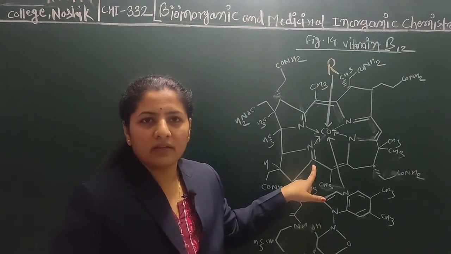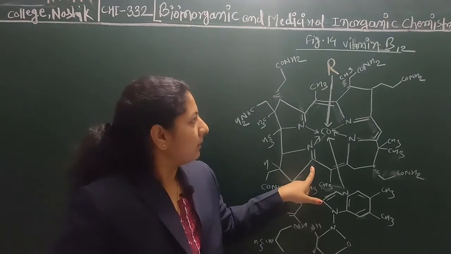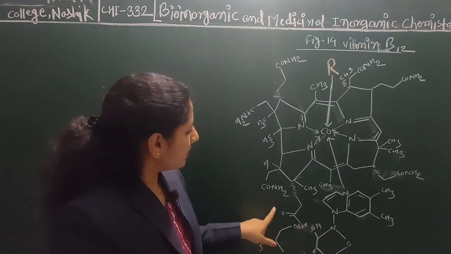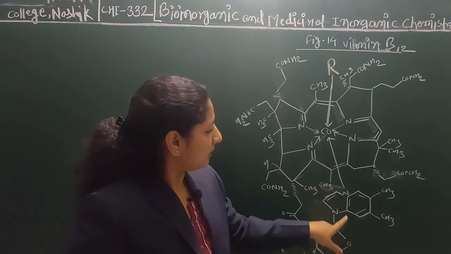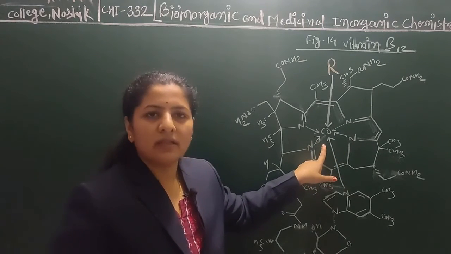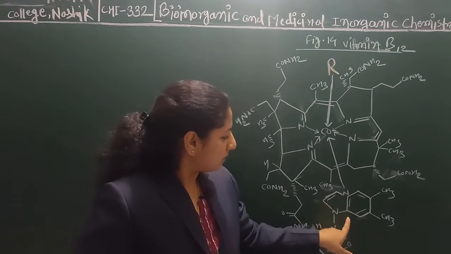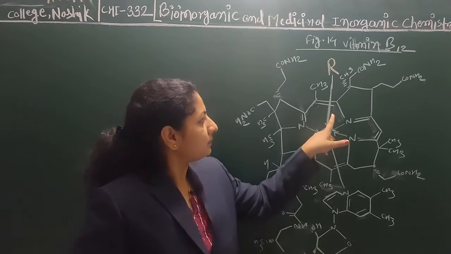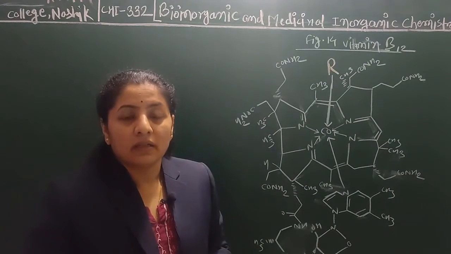here the ring present in vitamin B12 is a corrin ring. The groups attached to this corrin ring form a very complex structure. Four nitrogens occupy positions in this corrin ring, and the fifth and sixth positions are occupied as follows: the fifth position is occupied by the phosphate group, whereas the sixth position is occupied by the alkyl group.